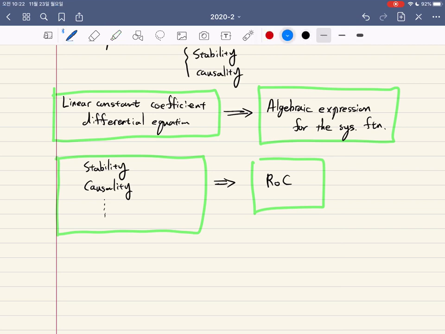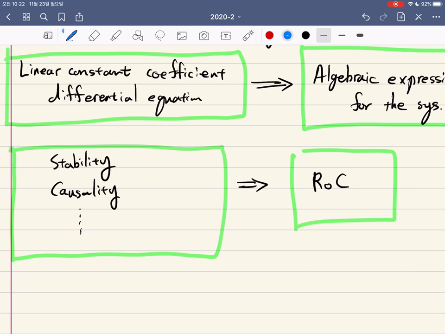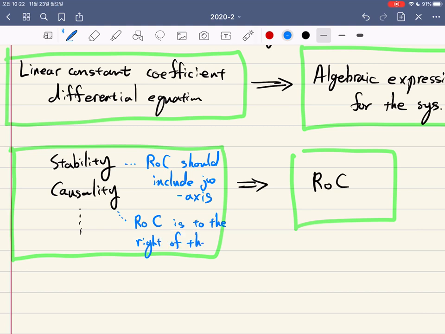And if you have the condition of stability, that means the ROC should include the imaginary axis, right? And if you have the condition of causality, then the ROC is to the right of the rightmost pole.